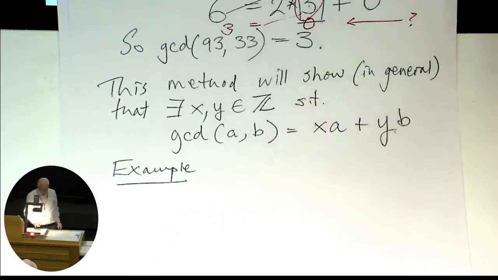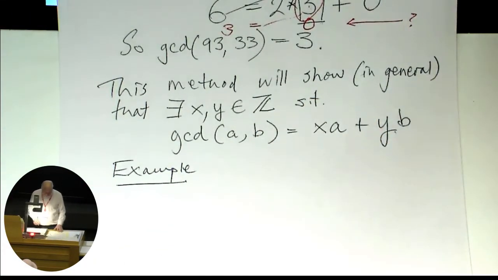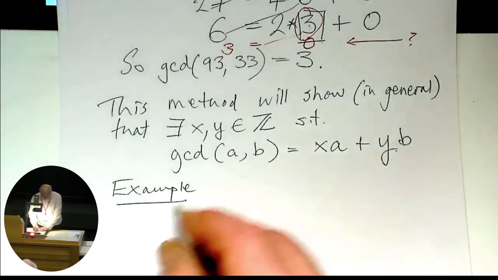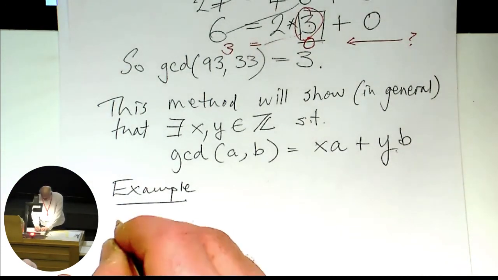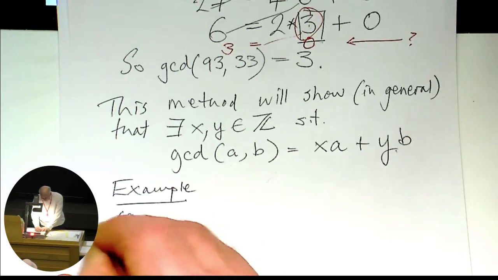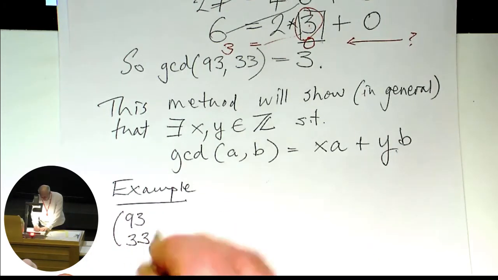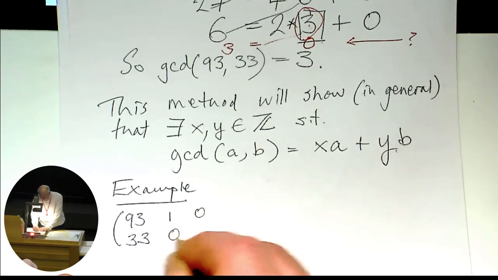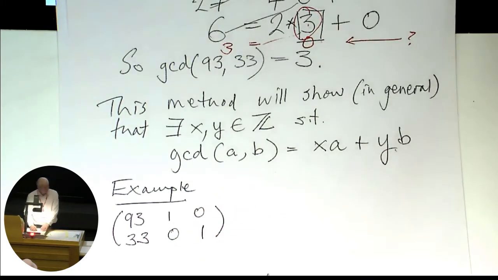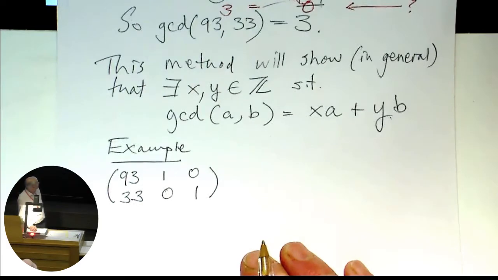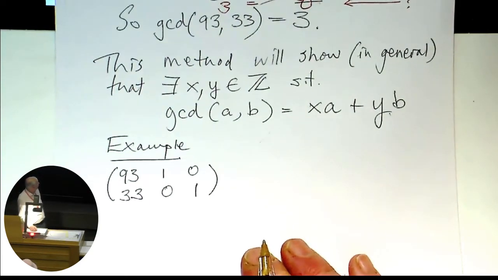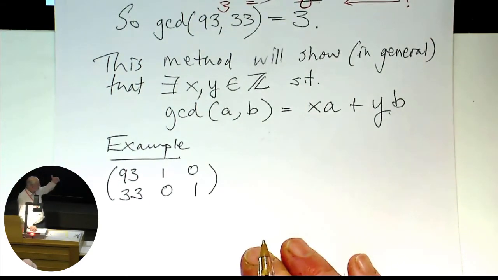My method might be a variant on one you've seen. You simply start with the matrix in which you have 93, A, here and B here, and then you put the identity matrix here. Then you do elementary row operations to correspond to the division.